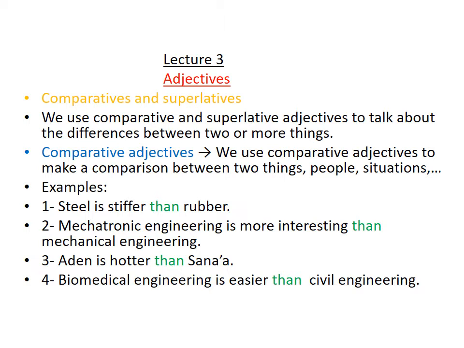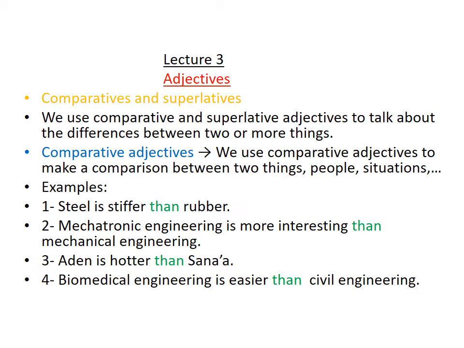Number one, steel is stiffer than rubber. So here we are comparing two things. What are they? Steel and rubber. And we use the adjective. Where is the adjective?